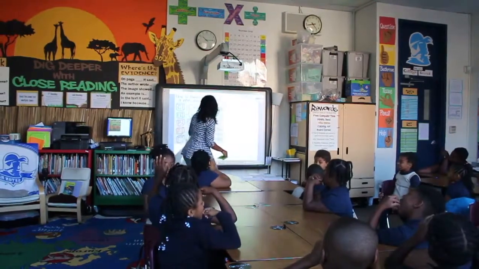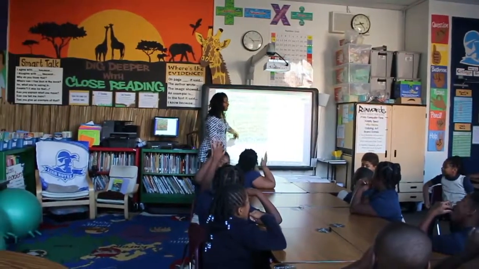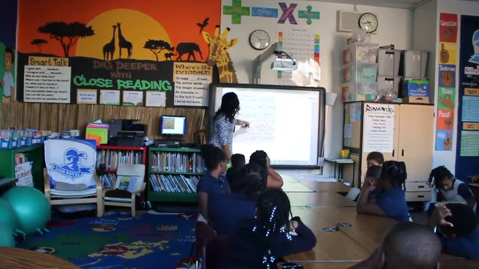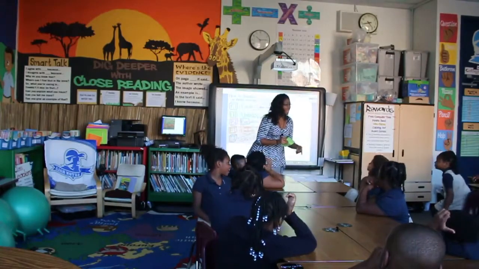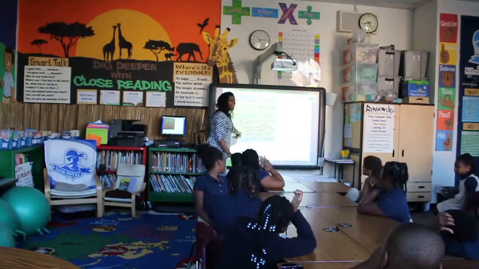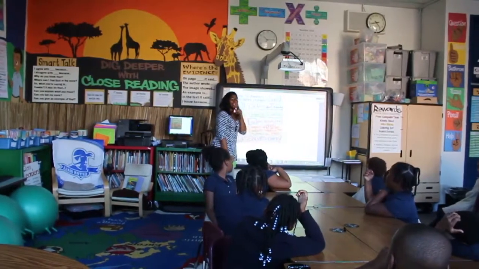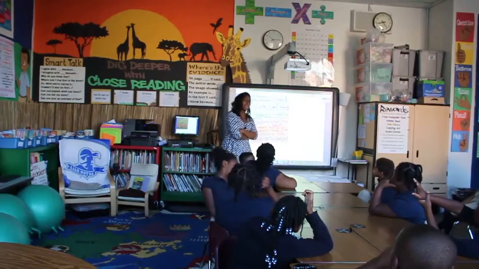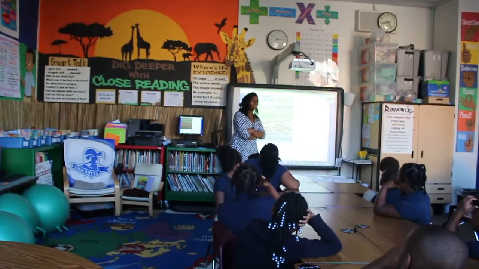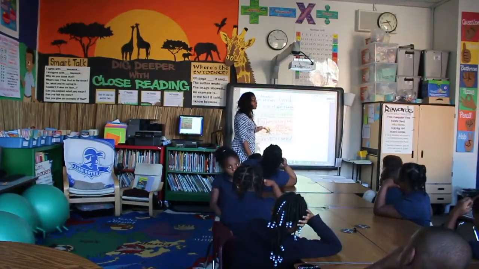So in math, when we evaluate, this is the part where we boxed in those keywords like in all and all together. But in the evaluate phase, that's when we say, wait a minute, what are we supposed to do with those keywords? Does it really mean to add? That's when you visualize.